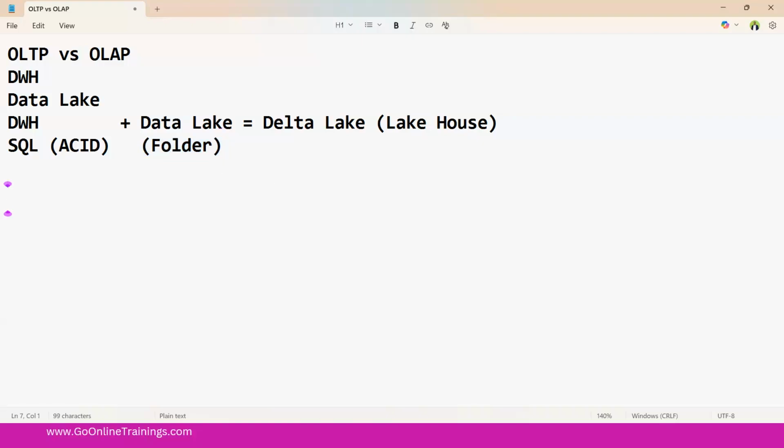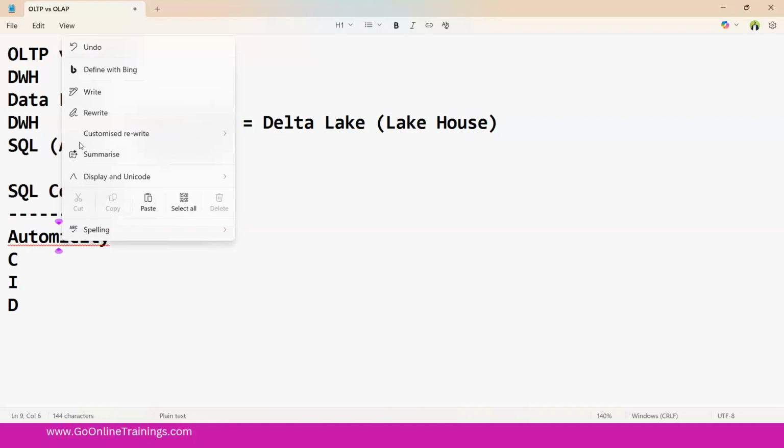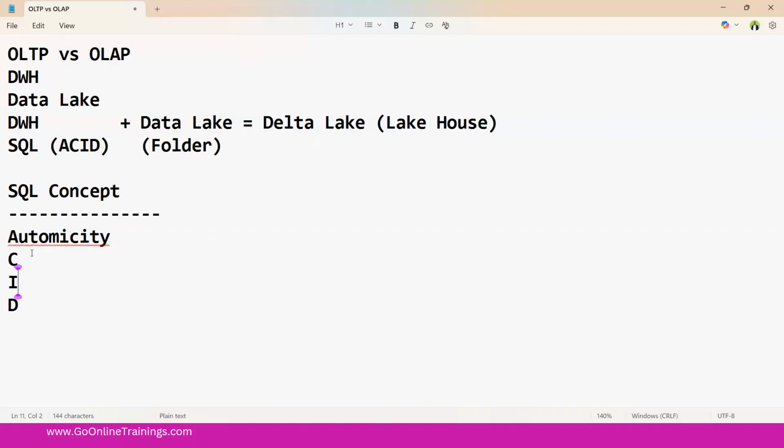What are ACID properties? Atomicity, right? It is an SQL concept actually. When you know SQL clearly, people are going to be talking about this: atomicity, consistency, isolation, durability.